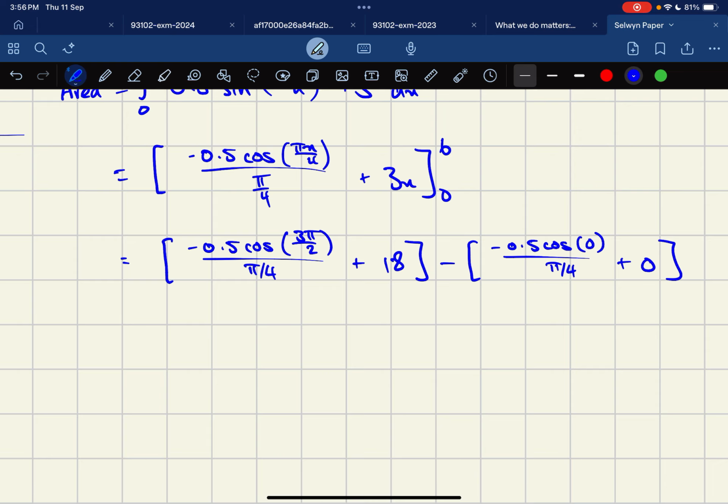okay, so negative 0.5 cosine of 3 pi over 2, and then divide this by pi over 4, and then plus 18, and then this is a minus and a minus, so that becomes positive, so it'll be plussing 0.5, and then cosine of 0 is just 1, so you can leave that as 1, and then divide that by pi over 4.